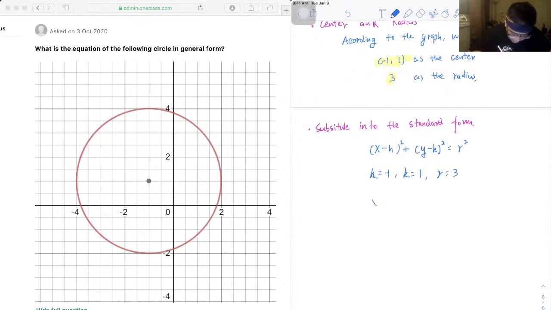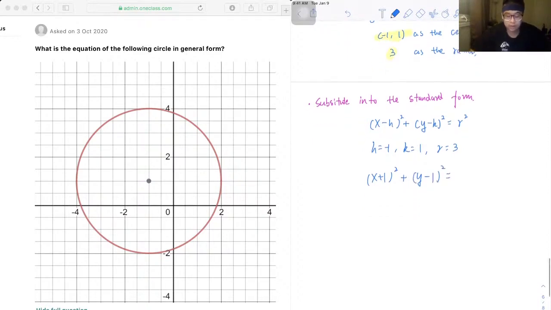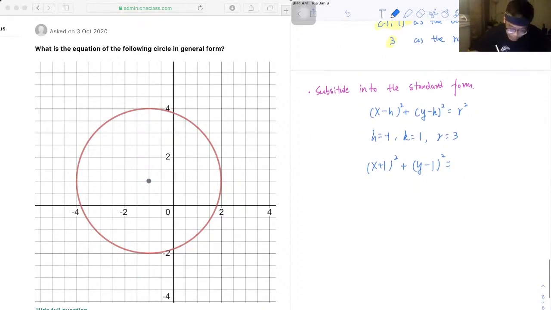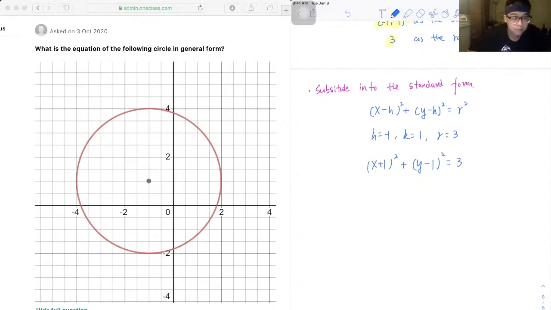Okay, so now let's put the numbers in. So we have x minus negative 1, it just becomes x plus 1, squared, plus y minus 1 squared, and it's equal to r squared, where r is equal to 3, so it's equal to 3 squared.